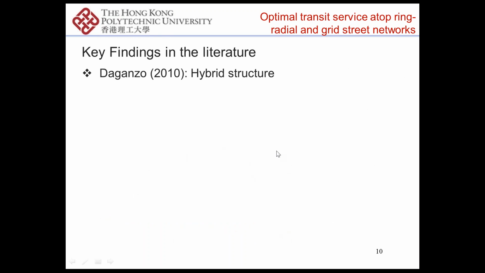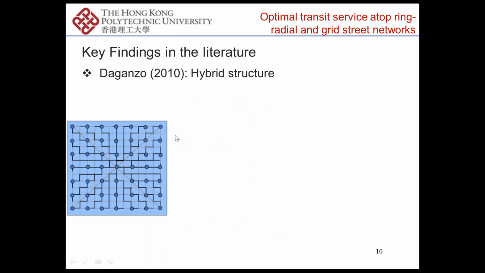A second example in the literature is Gonzo's paper published in 2010 about the hybrid structure. So before this paper, we have already known that two idealized structures of a grid network have been analyzed in the literature. First one is a radial network.